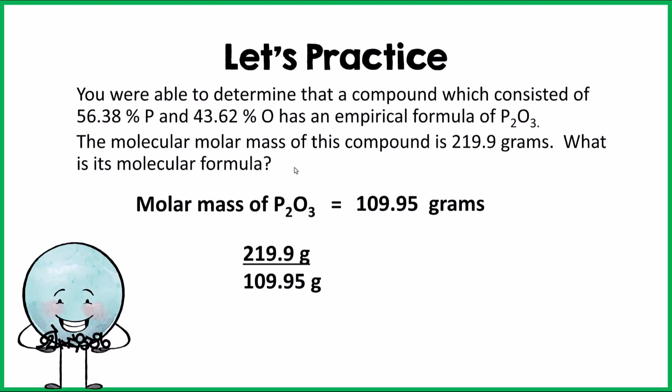So 219 is our molecular mass divided by the empirical formula mass gives us 2, and that's our N value that we're going to use to multiply all of those subscripts by. So 2 times P2O3 gives us a molecular formula, or a true formula here, for this compound of P4O6.